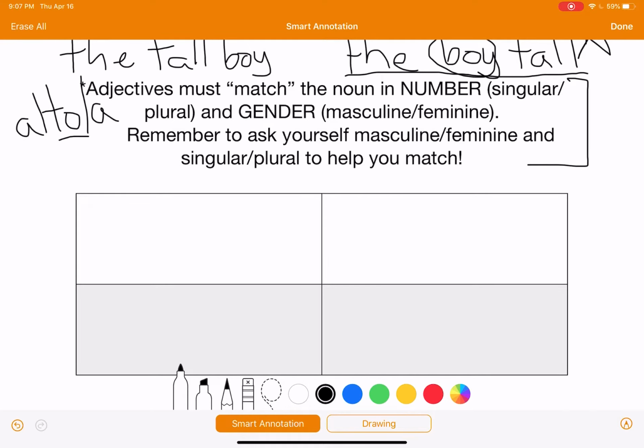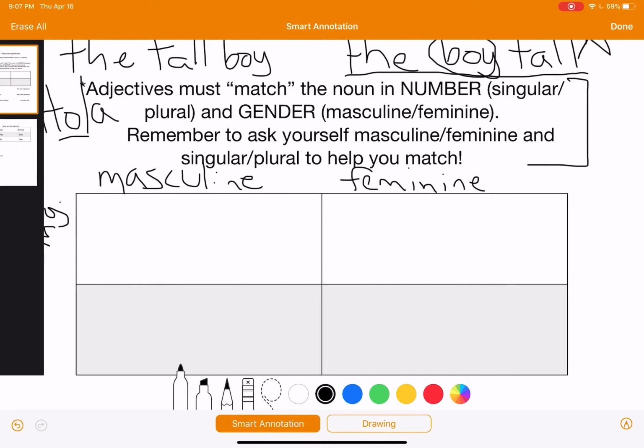So what I'm going to do is I'm going to label this box. Okay, we're going to have masculine and feminine. And then we will have singular and plural.